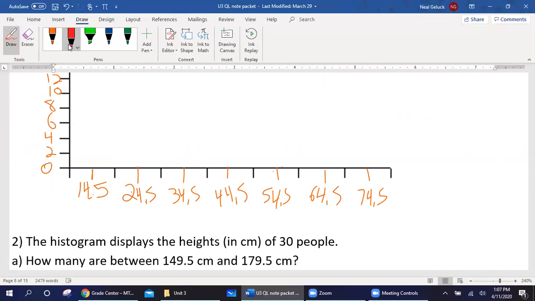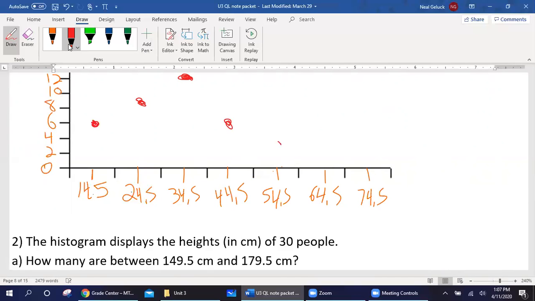So the first class was at 6. So at 14.5, I'm at 6. 24.5, I was up at 9. 34.5, I was at 12. 44.5, I was back down to 6.